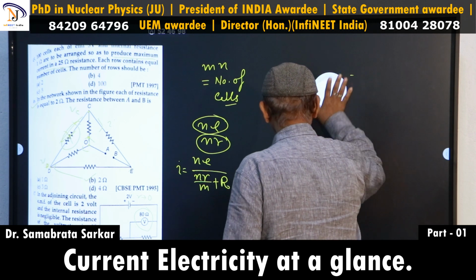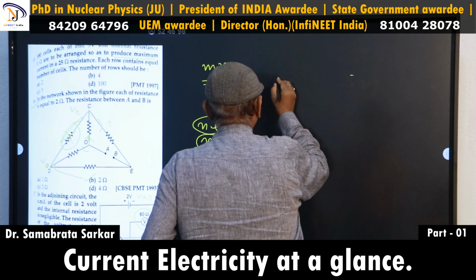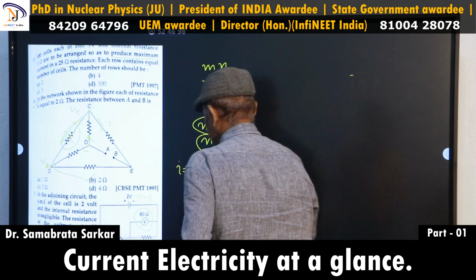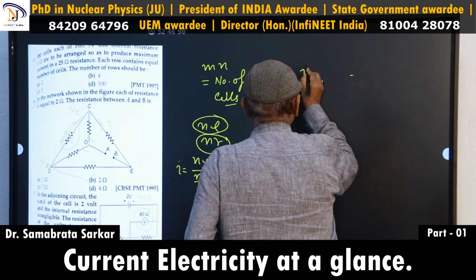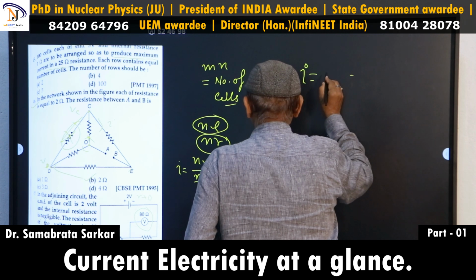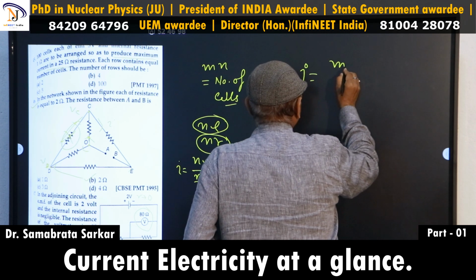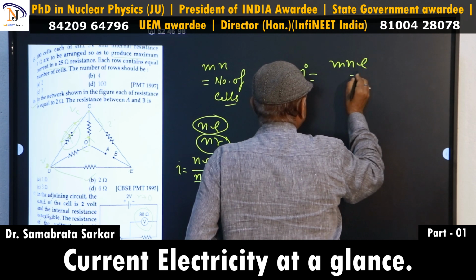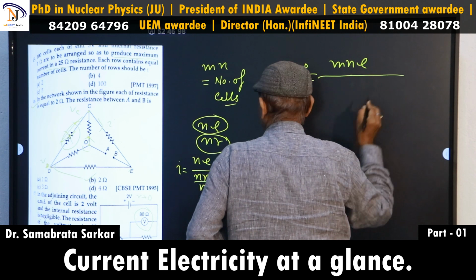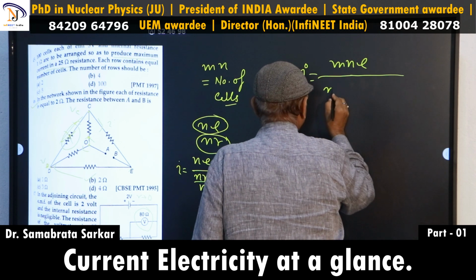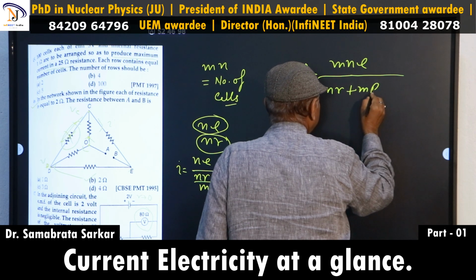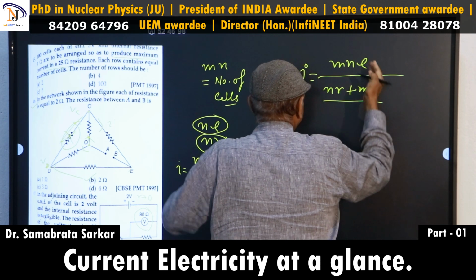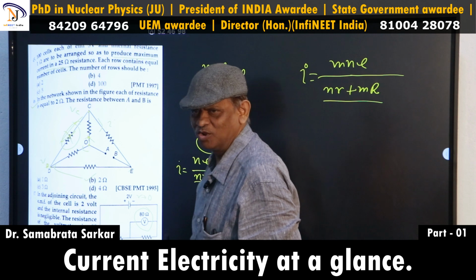I equals MNE divided by NR plus MR. Am I clear? This is the total current.